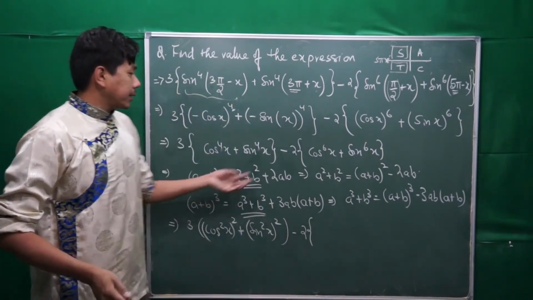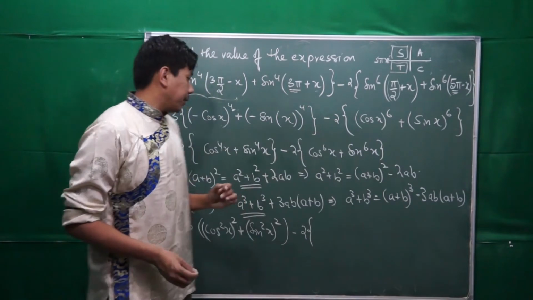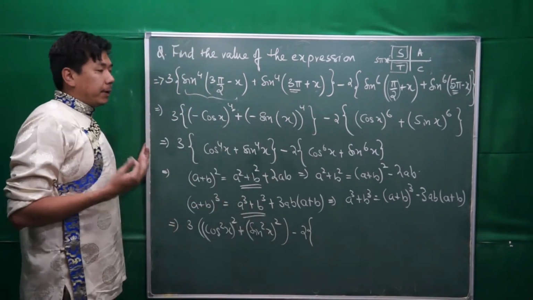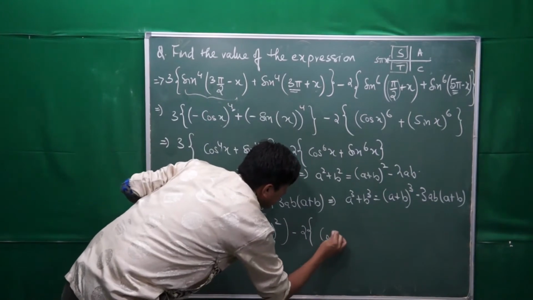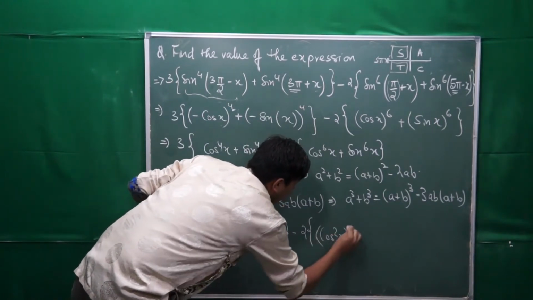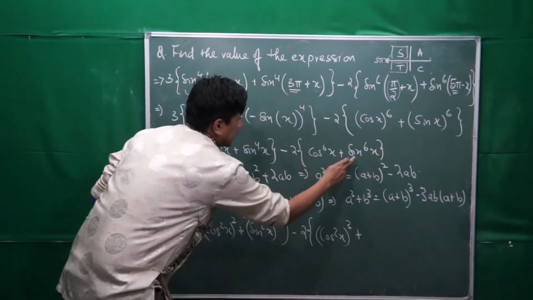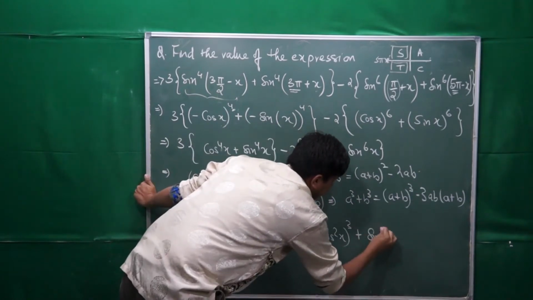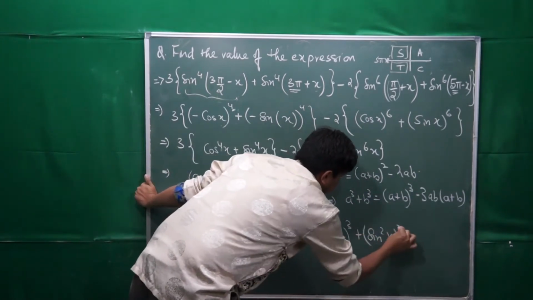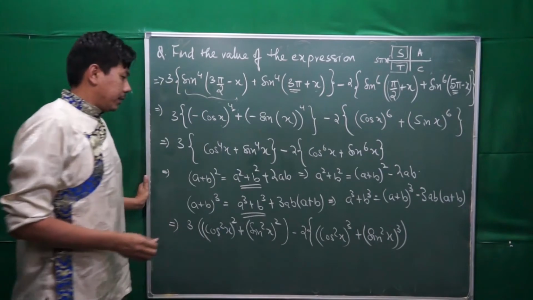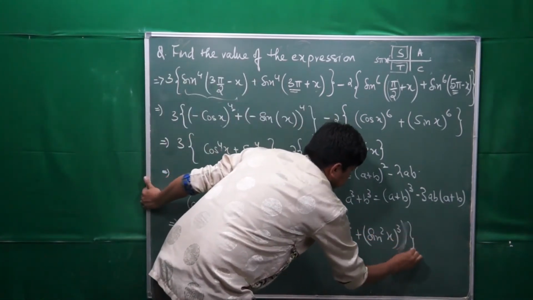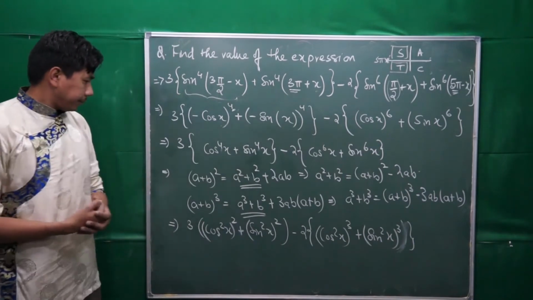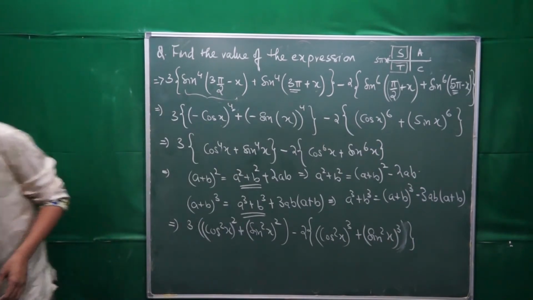Similarly, cos to the power 6x plus sine to the power 6x can be written as cos cube x whole squared, or you could write cos square x whole cube plus sine square x whole cube. And we have a curly bracket closing over here. Simple.